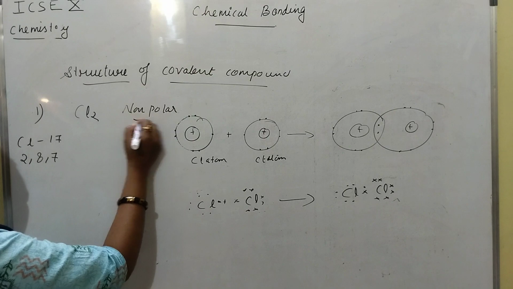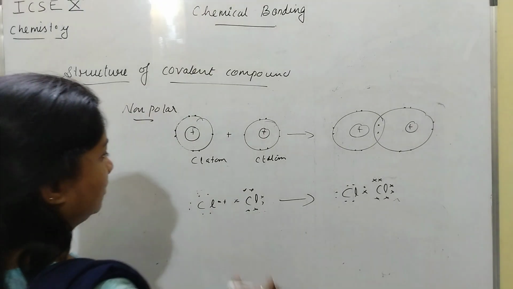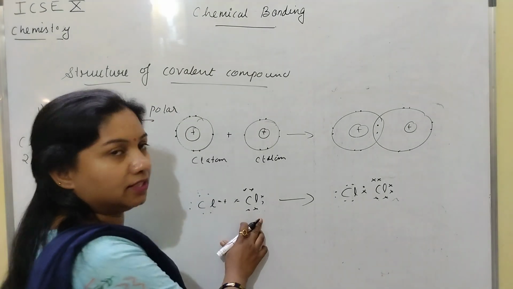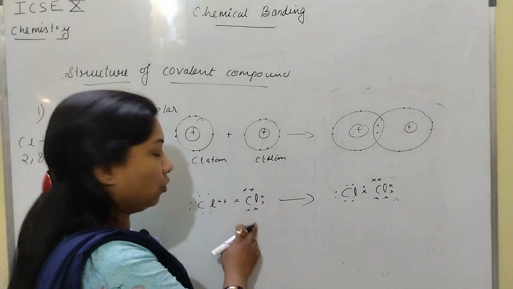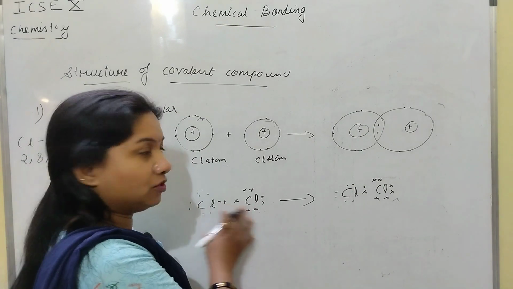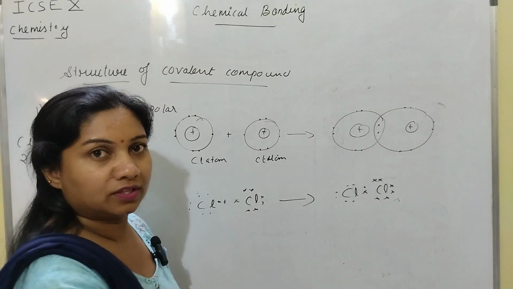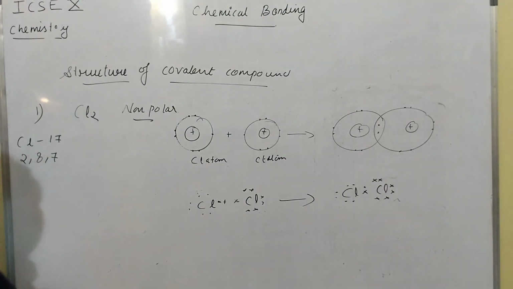Why is it non-polar? Because the sharing is taking place between identical atoms. So due to no electronegativity difference, there is no charge separation over here. So the compound is non-polar.